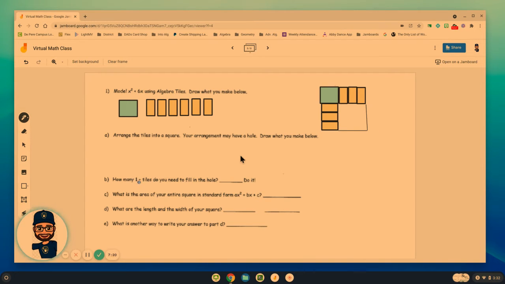So how many 1 tiles would we need to fill this in? Well, I would have to figure out the cross section of these 2 areas. And if I draw these accurately, or pretty close to accurately, I mean, how many 1 by 1 tiles? We would need 9. So we would need 9 1 tiles.